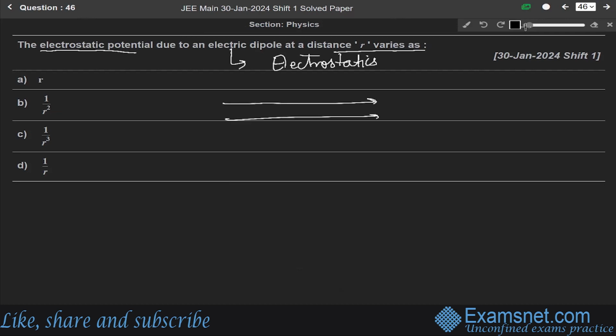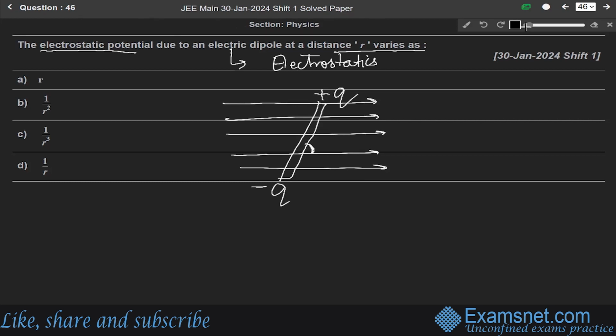Let us say that this is a uniform electric field and there is an electric dipole. We have to find the electrostatic potential due to this electric dipole. Let us say this is plus charge Q and this is minus charge Q, and we know that dipole moment P equals 2QL, meaning charge into distance between the dipole, which is 2L.